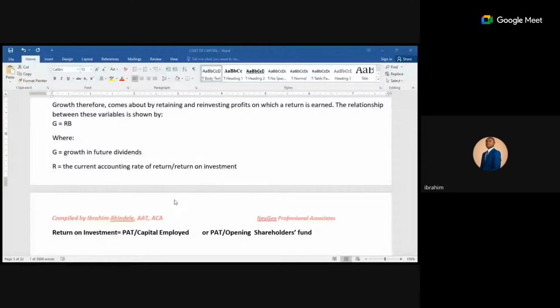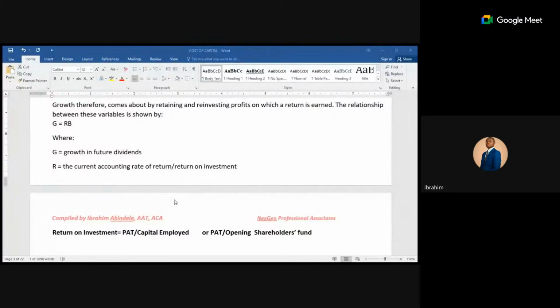Now, how do you determine return on investment? Don't forget your financial reporting. Return on investment is calculated as the profit after tax divided by the capital employed. We should not equally forget in financial reporting, the capital employed could be defined as the total asset, as the net asset. It depends on the examiner's point. Is that not so, class?